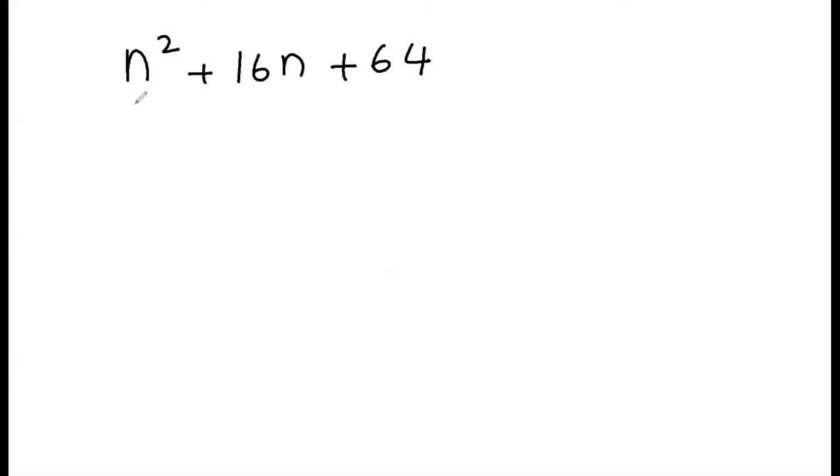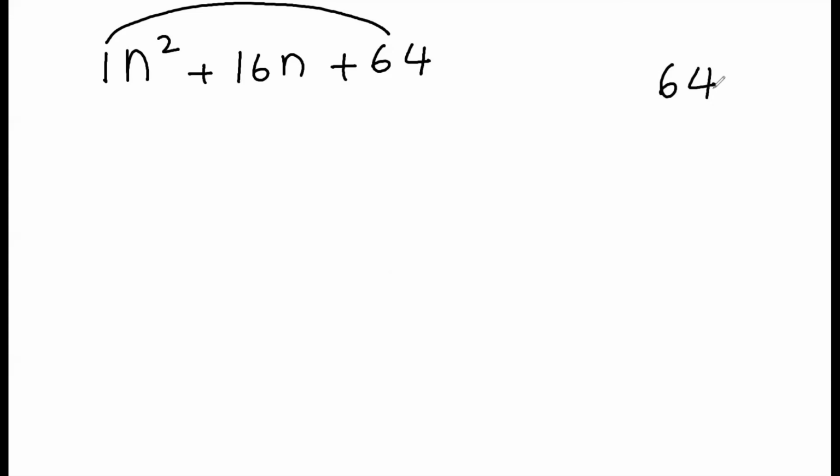Is this polynomial arranged in the correct order? Yes, the terms are arranged in the correct order because n squared, n, and then the constant. I'm now going to multiply 1 and 64, and that's going to give me 64.